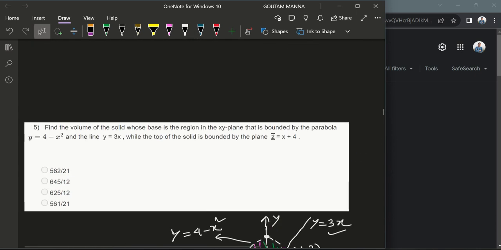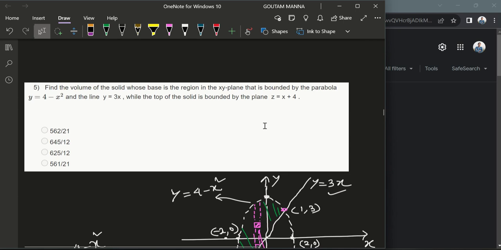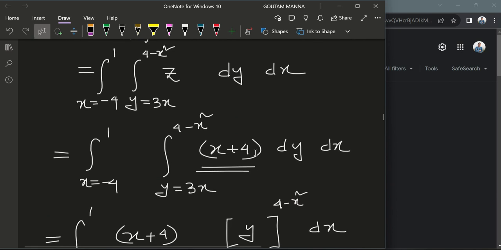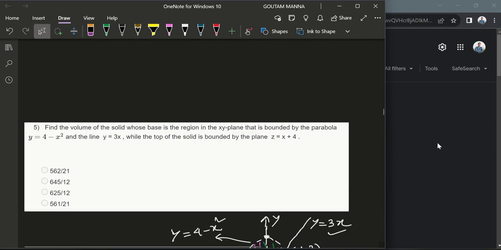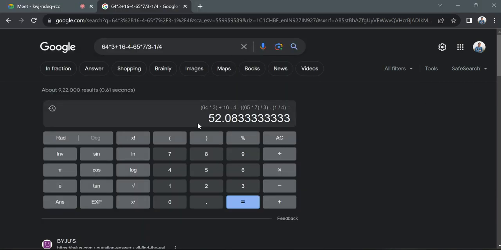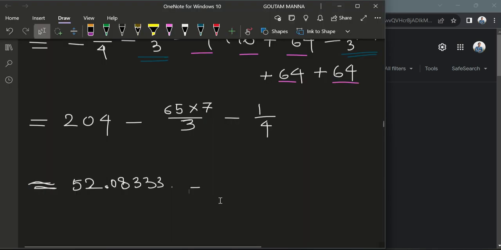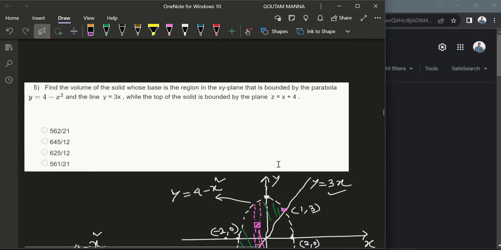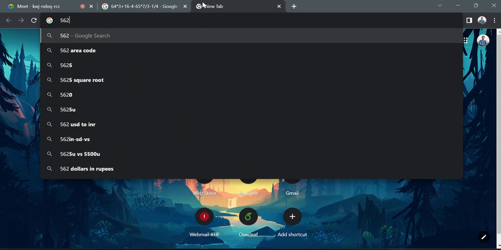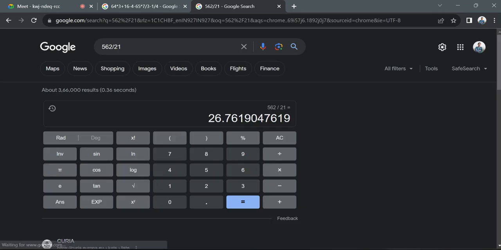So let me check the answers. Okay, if I'm going to write it in the fraction, then convert it into fraction. Look at the options. 655 by 21, it's not 655.